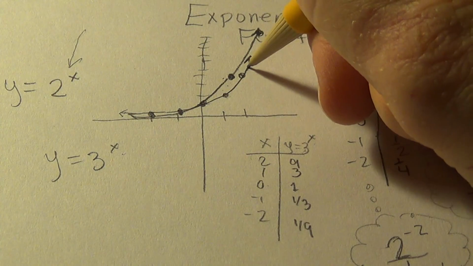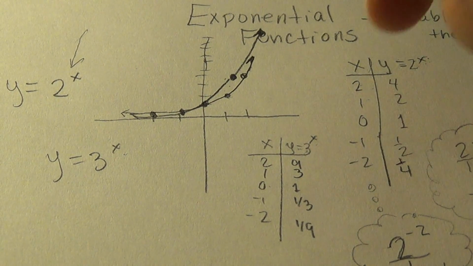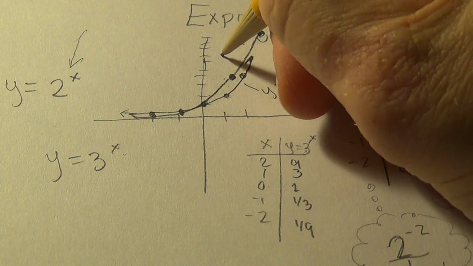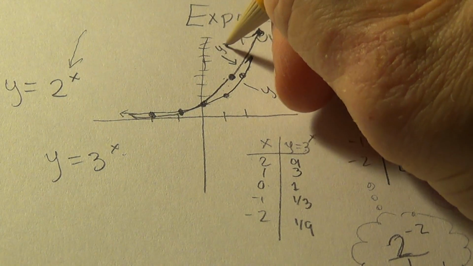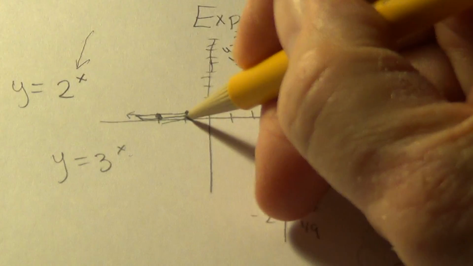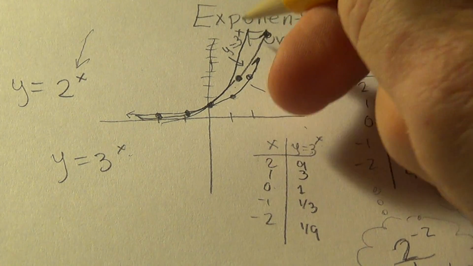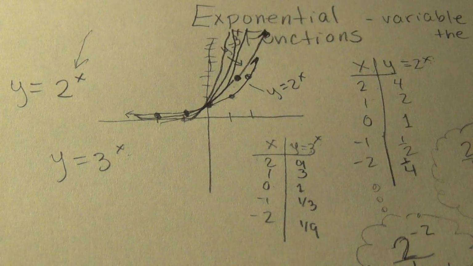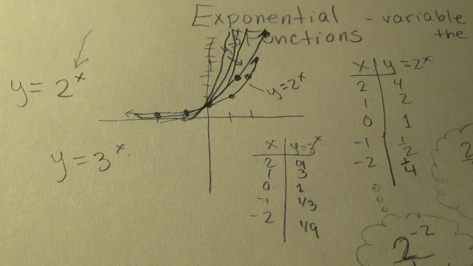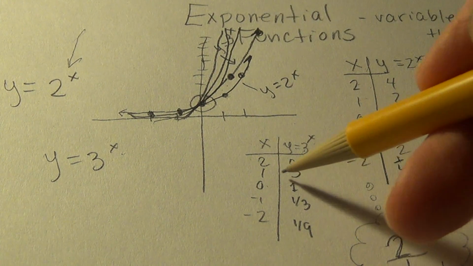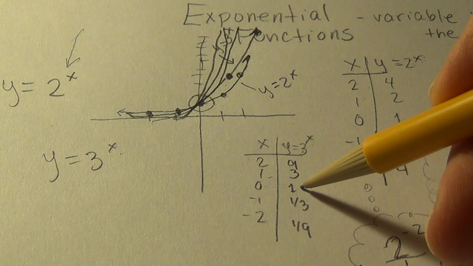All right, so looking at the relationship here, this is y equals 2 to the x. This is y equals 3 to the x. And if we were going to do y equals 4 to the x, it would go like this, and y equals 5 to the x, and y equals 6 to the x, and so on. So it always goes through this one point, because whenever you raise a number to 0, you're going to get 1.